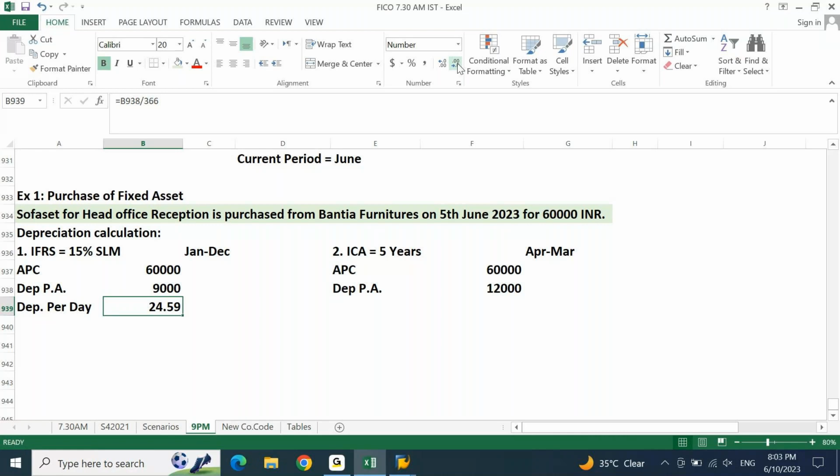Next one, number of days in year 1. Number of days that you have used this asset in year 1 or first year. Now we purchased the asset on 5th June. From 5th June till 31st December you need to calculate according to IFRS.